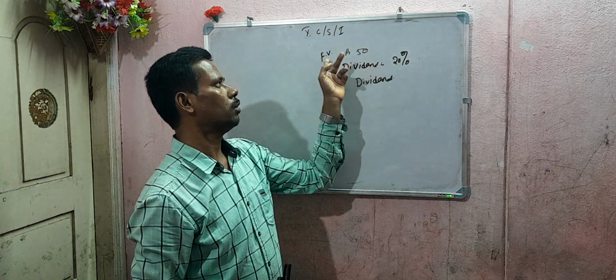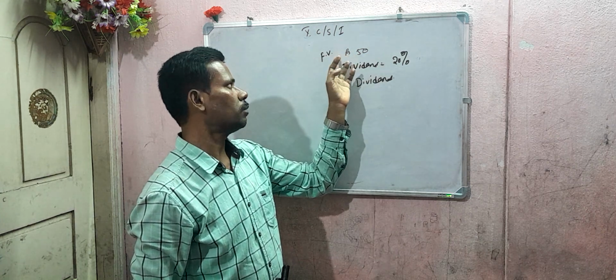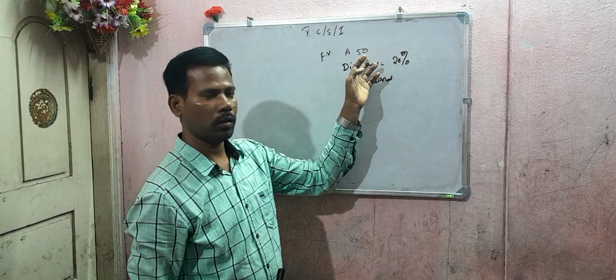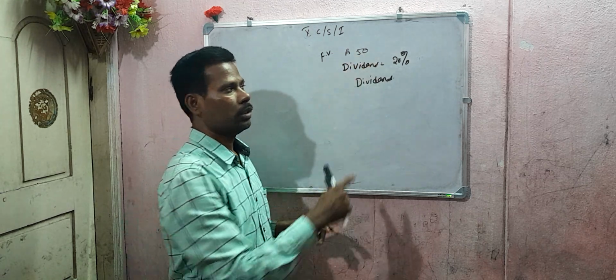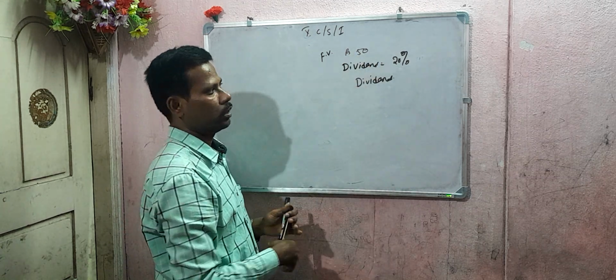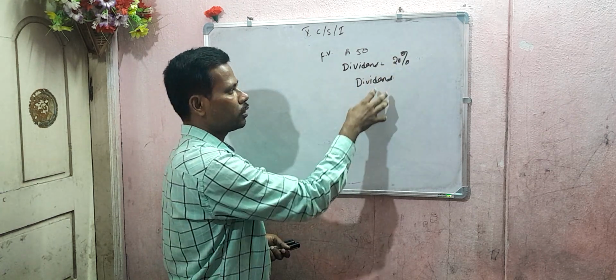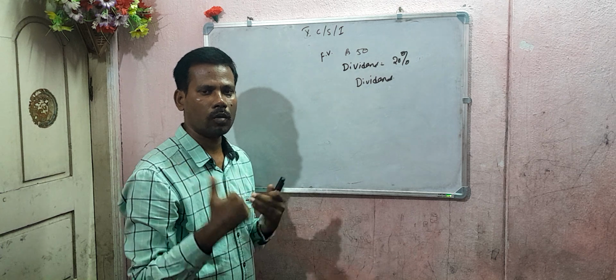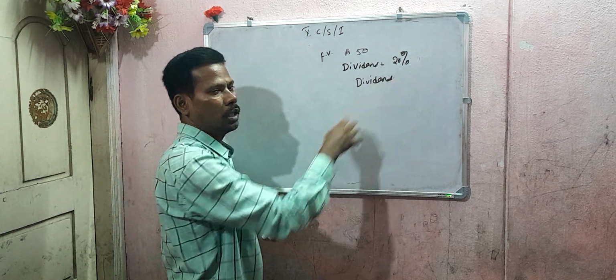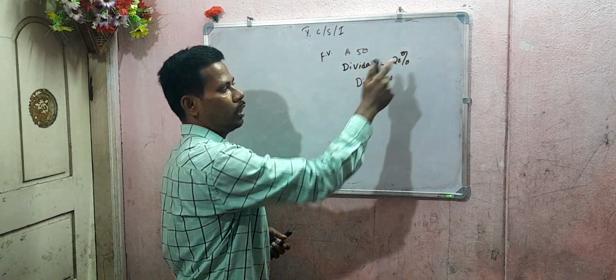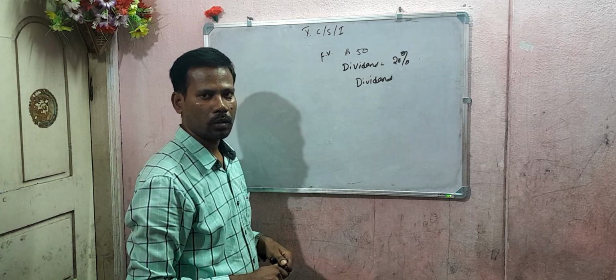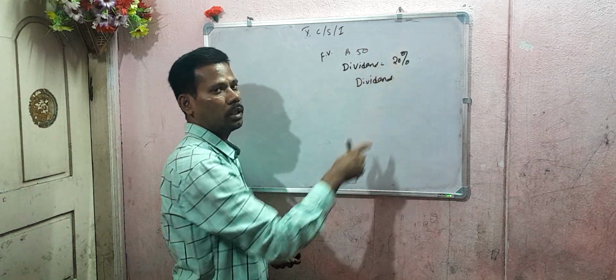Say he purchased a share of face value 50 rupees, and the condition is income percentage. He will ask me how much income he will get. 20% is given as dividend. This is calculated at the end of the year.